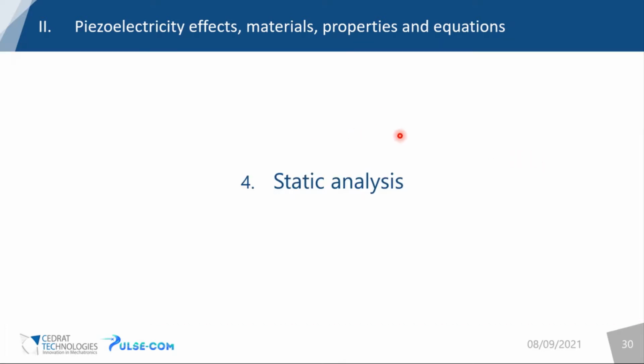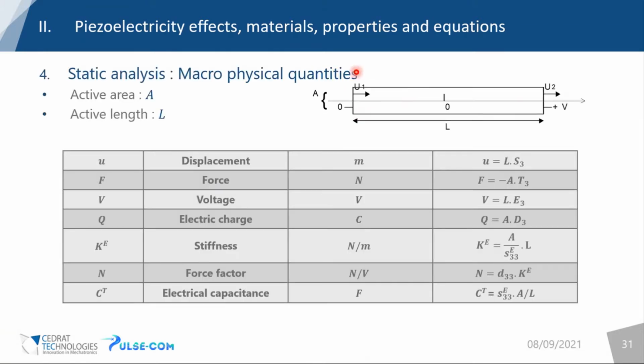We perform a little static analysis of an actuator, let's say. So you have this ceramic material, which is a piezoelectric material, and now we will use macro physical quantities because we had previously micro physical quantities, so deformation, etc. But it's kind of easier to talk about displacement, voltage, electric charge, etc., and forces.